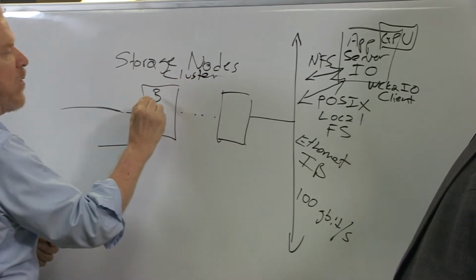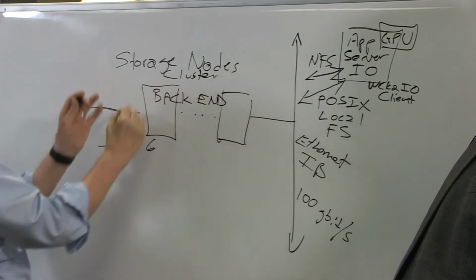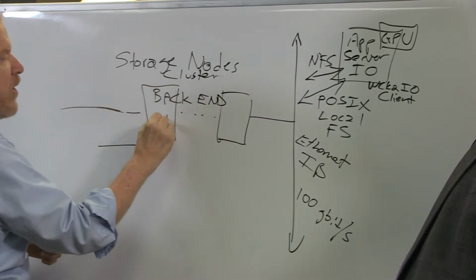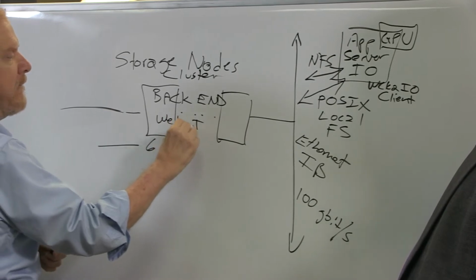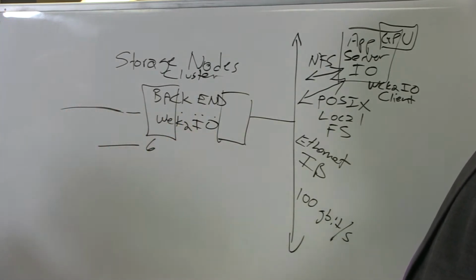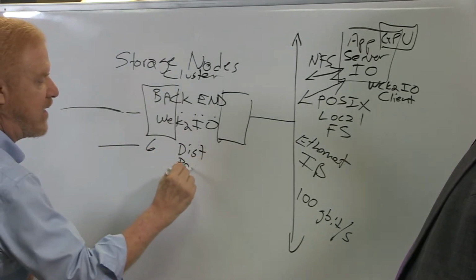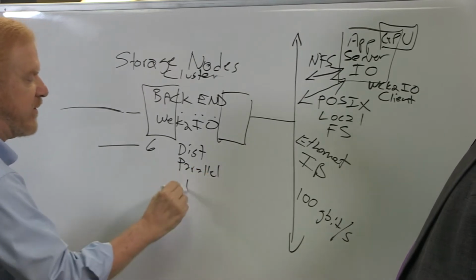So now, we're on this network, in this storage node cluster, we're running what we call our back end. And the back end allows this cluster of WekaIO nodes to communicate and to deliver a distributed, fully parallel file system.